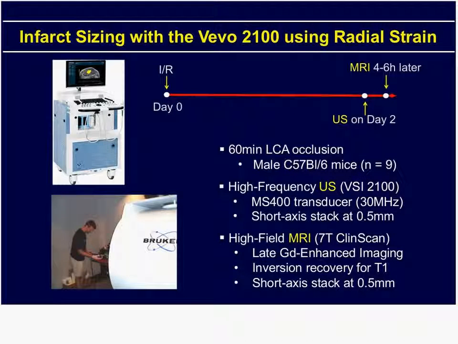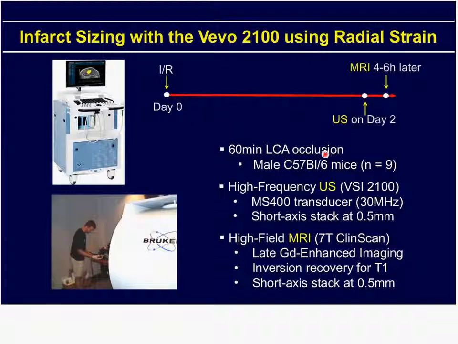Again, we do have the advantage of having state-of-the-art instrumentation, both with regard to the VEVO 2100 and with regard to high-field MRI, a 7 Tesla ClinScan, which represents a collaboration between Bruker and Siemens. Not everyone has these resources available to them, and so what we're hoping to do is to transpose the advantages of high-field MRI, so to speak, onto output from the 2100.